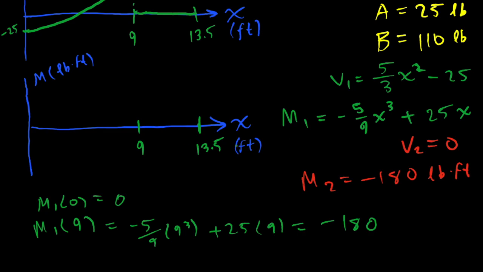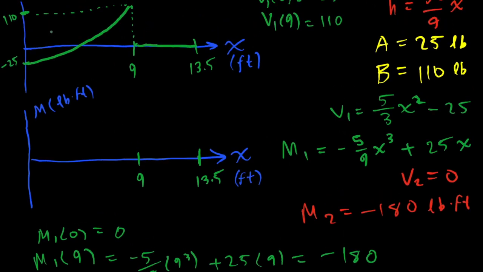But for this polynomial, for the shear diagram, I would put a note that says this is quadratic. And once we sketch out this polynomial, it starts at 0 and we have negative 180 here. It goes sort of like this up until that point, and then at this location it becomes flat throughout, and then terminates at x equals 13.5.